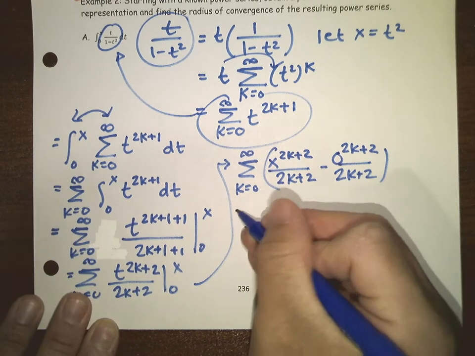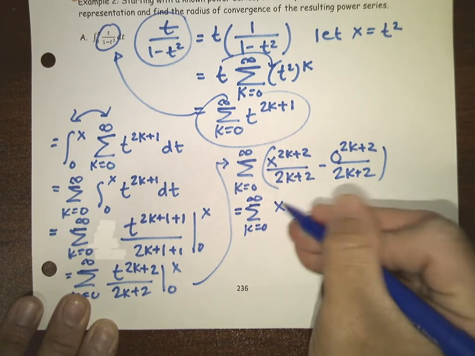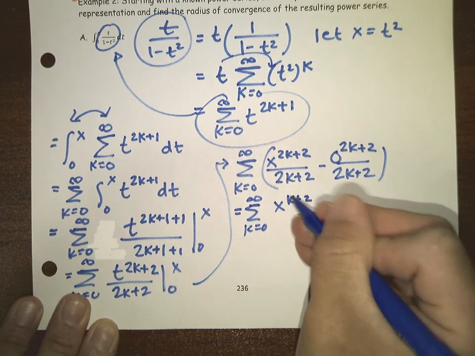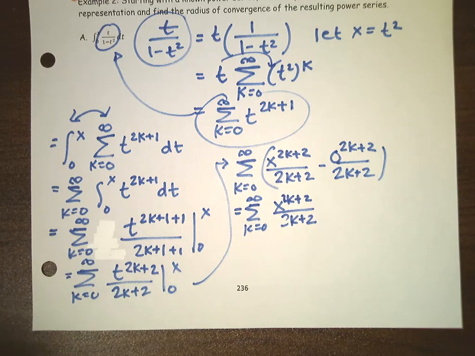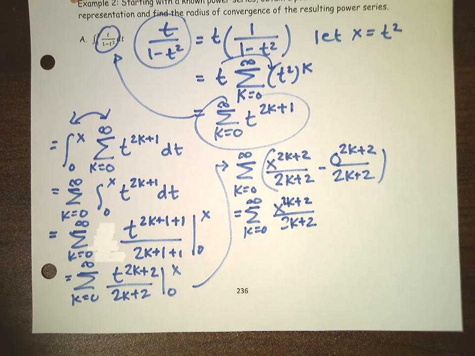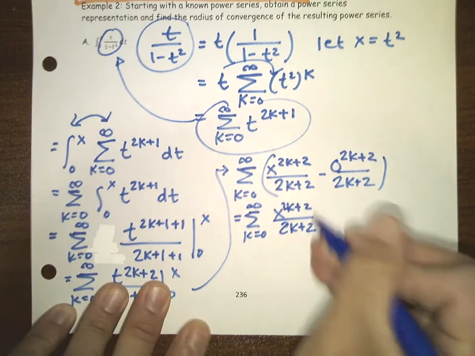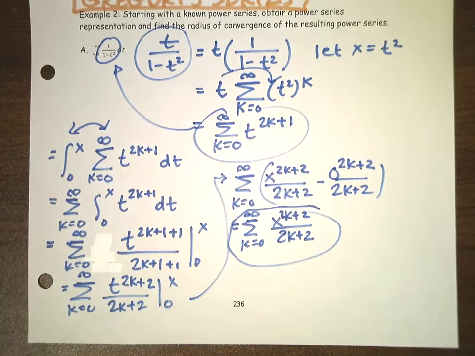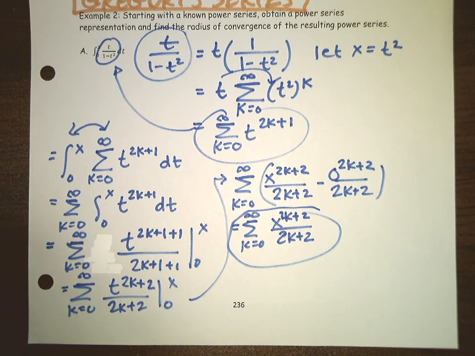And then that's the sum, k equals 0 to infinity, of x to the 2k plus 2 over 2k plus 2. And that is the integral here.